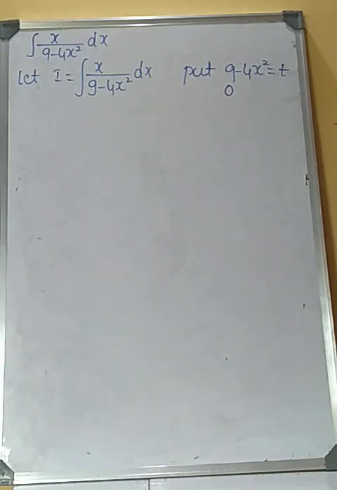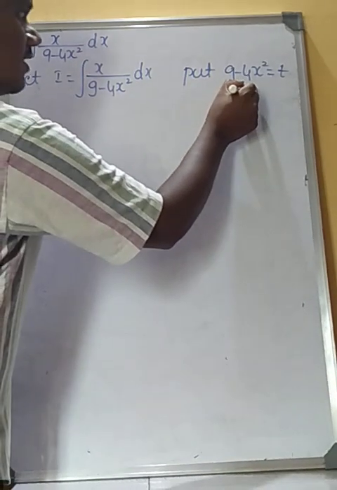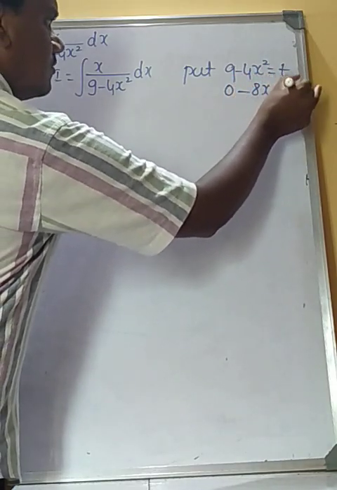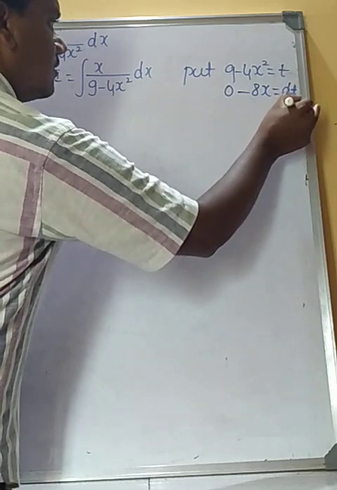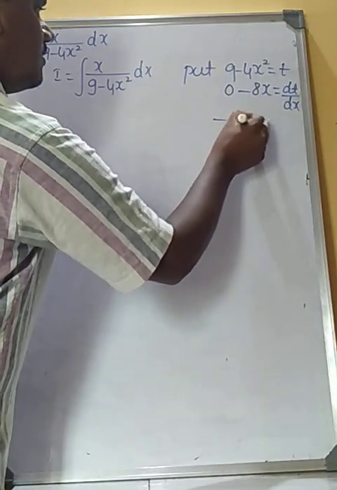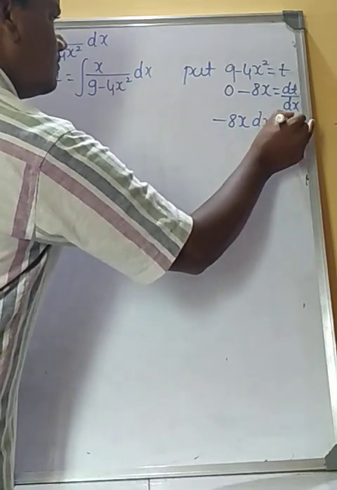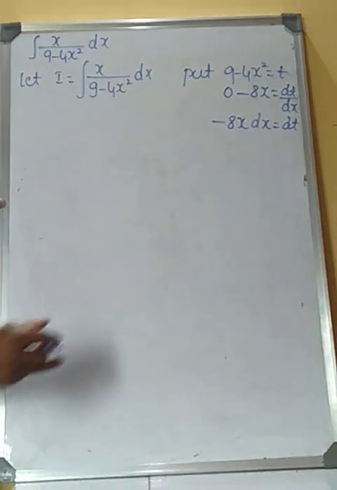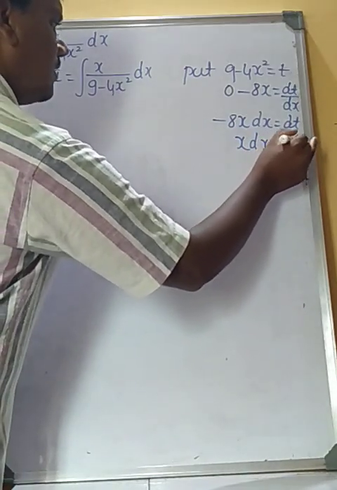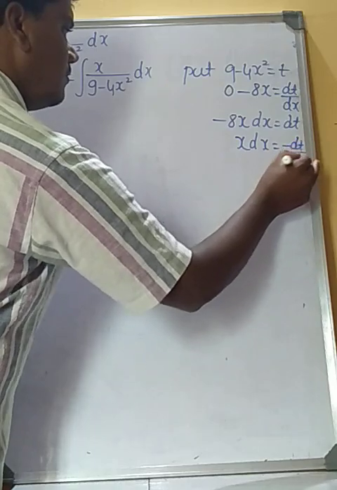d by dx of 9 is constant, 0, and of minus 4x square is minus 8x, equal to dt by dx. Therefore minus 8x into dx is equal to dt. Therefore x into dx is equal to minus dt by 8.